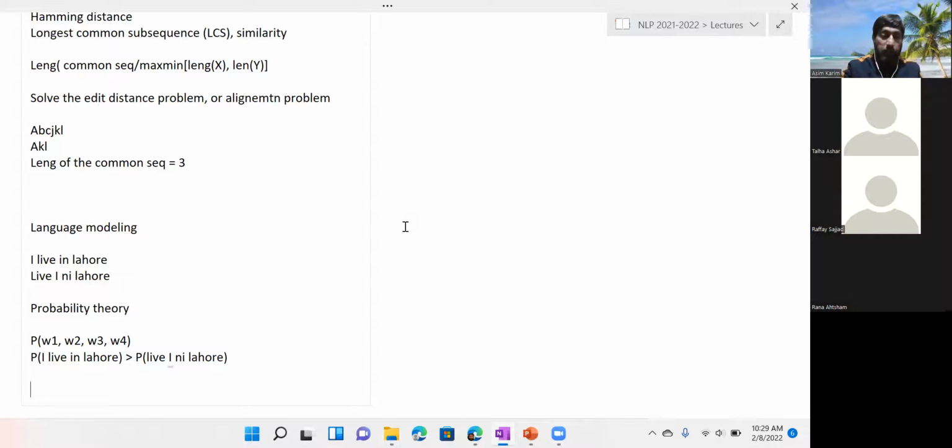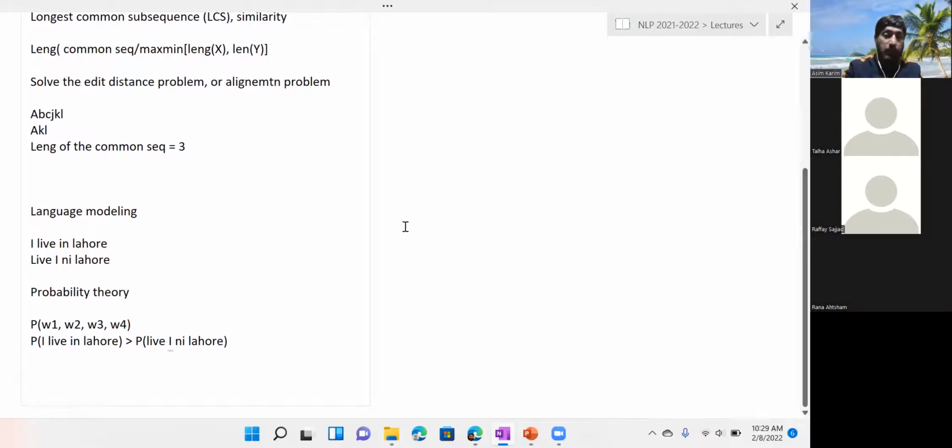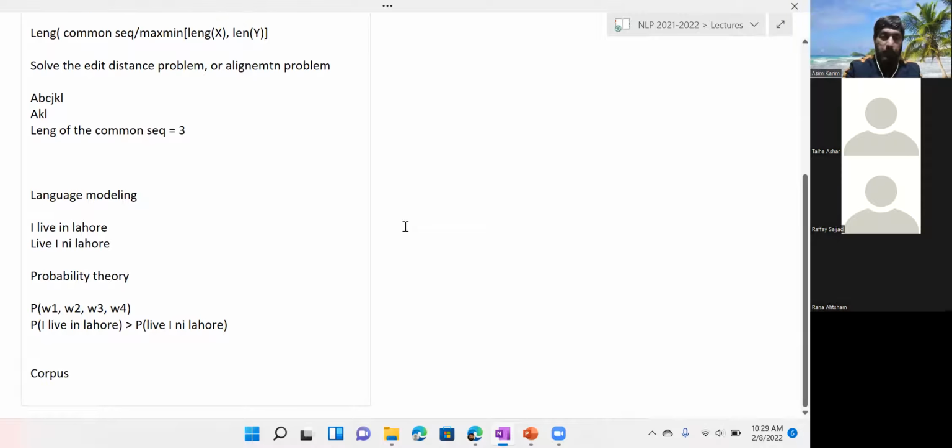And also through language modeling, you can do simple things such as classification as well. So let's say you have two corpora. The first corpus is of positive sentiment, for example.